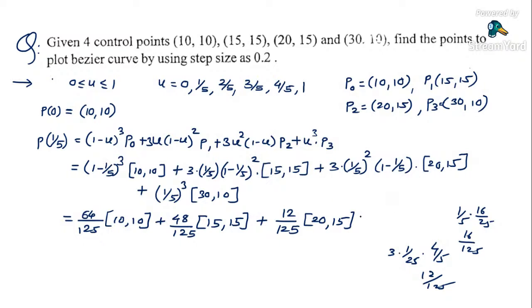Then next plus lastly (1/5)³ is 1 upon 125, times (30, 10).